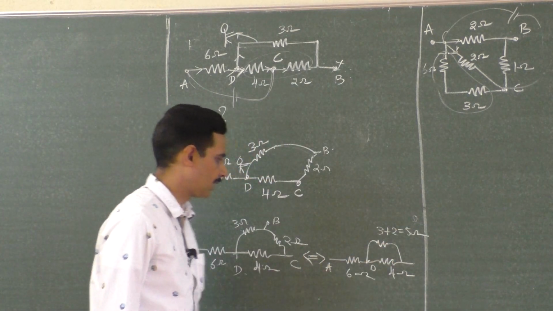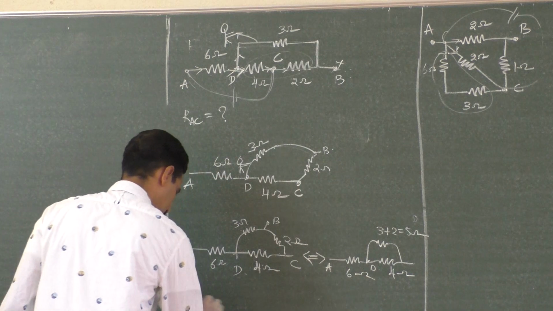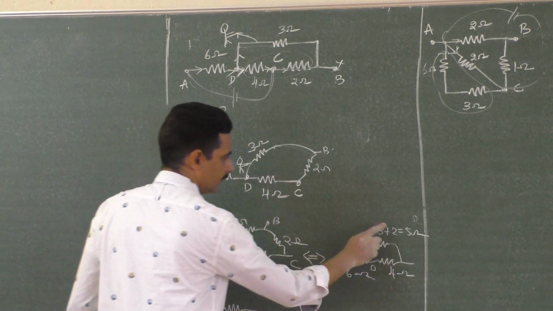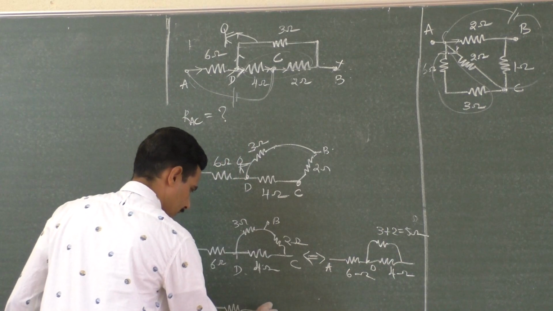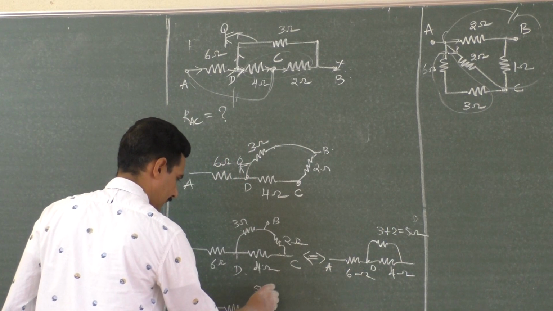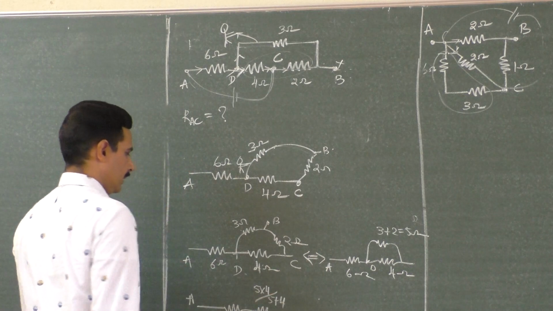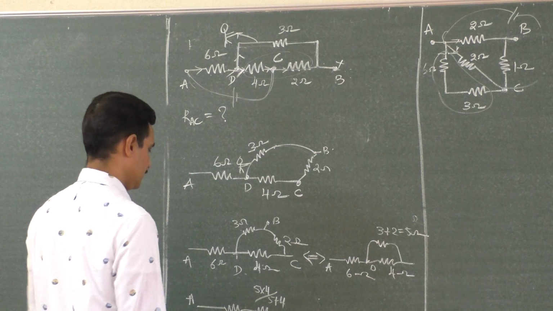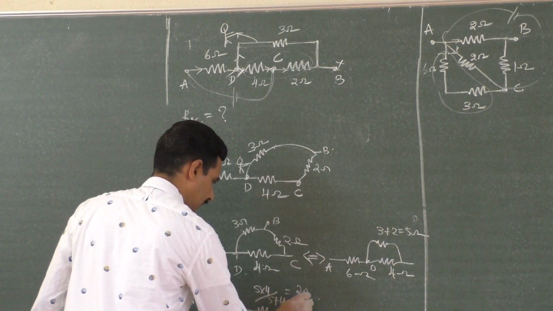Now, 5 and 4 are in parallel first. So A here, then 6 ohm here, and 5 and 4 in parallel. So this is 5 into 4 by 5 plus 4. Is it so? 3 plus 2, 5? Yes. That is 20 by 9 ohm.